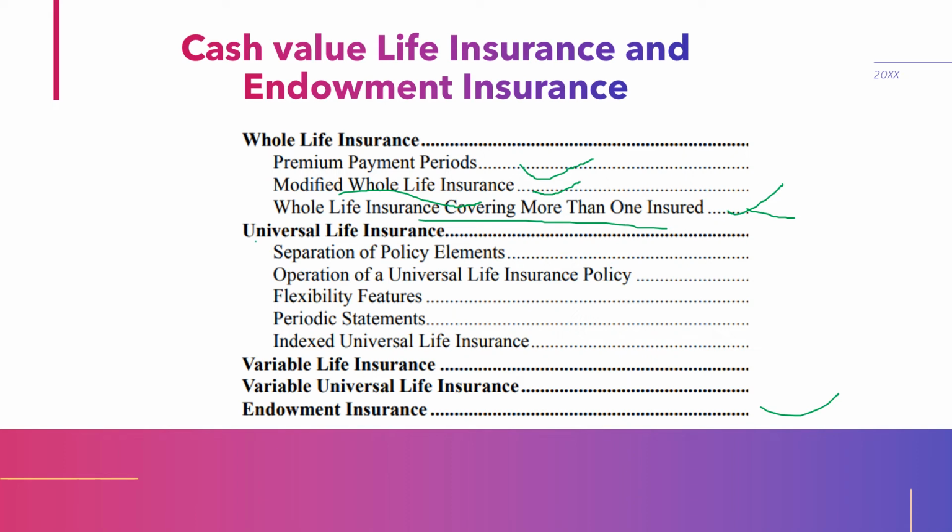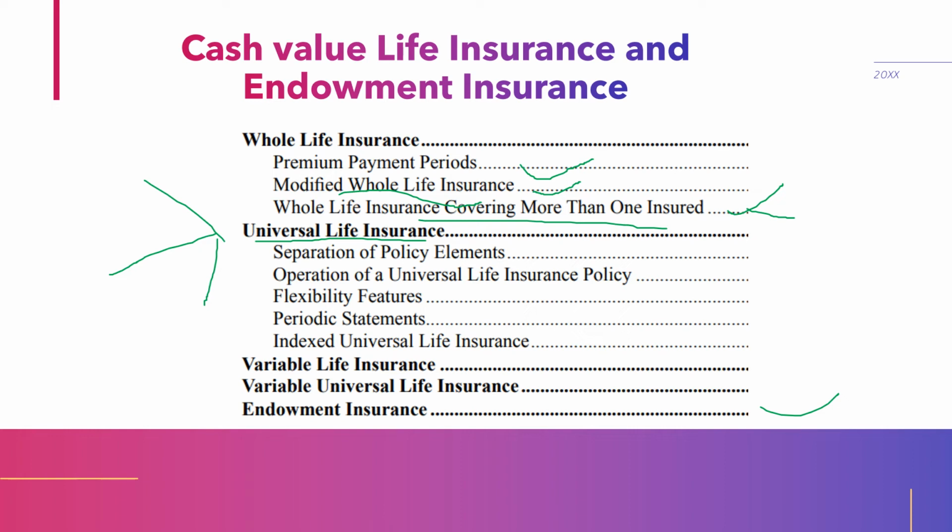Now we'll come to the universal life insurance. The universal life insurance policy basically contains three primary elements. One is the flexible face amount, the second one is the death amount, and the third one is the premium. So these are the three primary policy elements of universal life insurance.